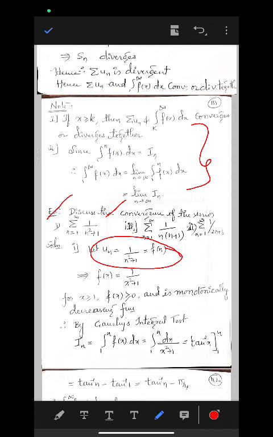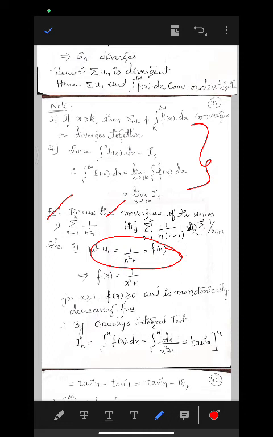see what is the statement of Cauchy's integral test. First thing is, for x greater than or equal to 1, f of x should be non-negative and monotonically decreasing. That you need to remember, right?